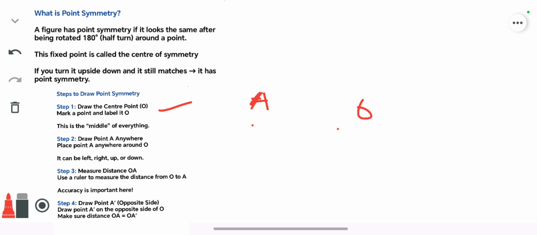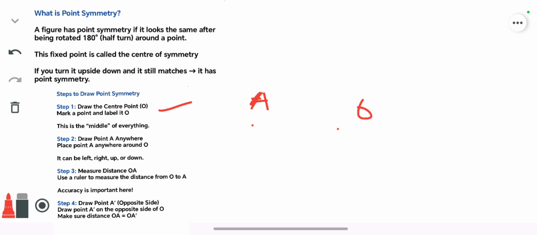Okay, so I've decided to draw the shape on the left side. So it's up to you, whichever side you want to draw. Okay, let's move on to step number three.